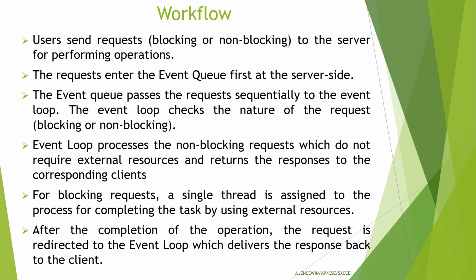If it is a blocking request, a separate thread is assigned for it. Again the event loop does its normal work, fetching the next client request. When the blocking request is completed, it is redirected to the event loop, and the event loop gives the response back to the client. So this is the execution flow of Node.